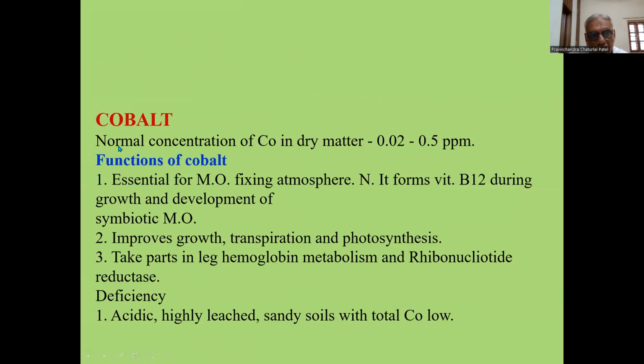Then cobalt, normal concentration of cobalt in dry matter is 0.002 to 0.5 ppm. Function of cobalt: essential for fixing atmospheric nitrogen, it forms vitamin B12 during growth and development of symbiotic bacteria, improves growth, transpiration and photosynthesis, and takes part in leghemoglobin metabolism and ribonucleotide reductase.